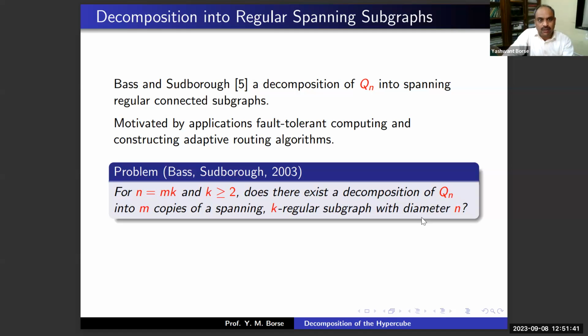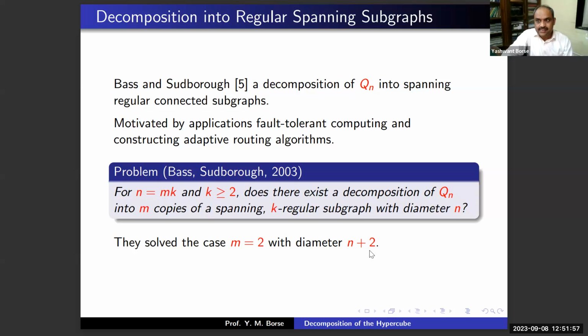And they solved this problem for m equal to 2, where they decompose into 2 copies of a k regular connected spanning subgraph of diameter n plus 2.